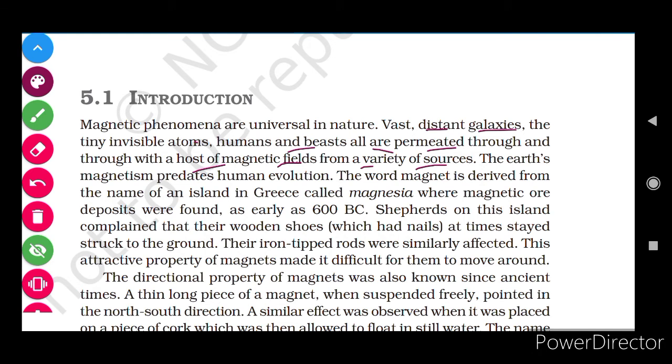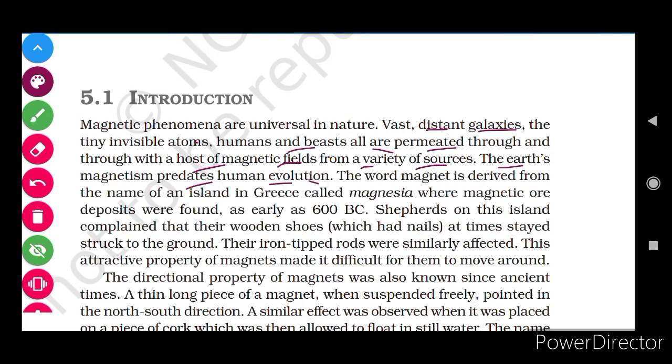So humans, atoms, galaxies, all are surrounded by magnetic fields from different sources, known and unknown. The earth's magnetism predates human evolution.